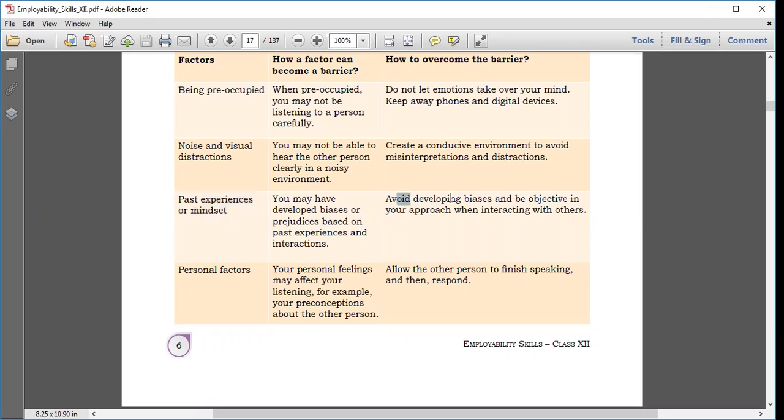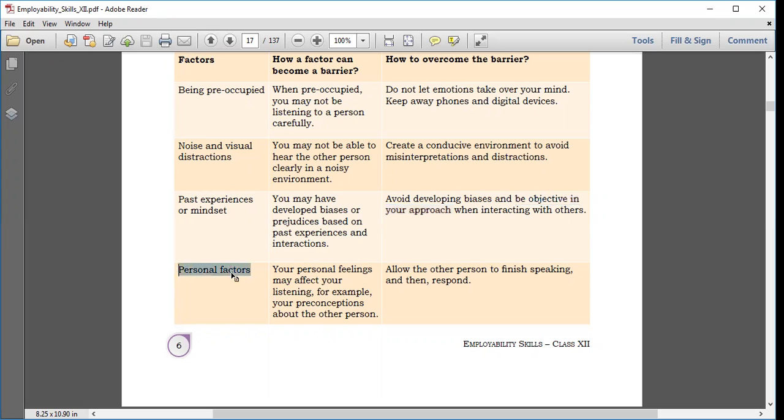Avoid developing biases and be objective in your approach. Being objective means you should be concentrating on the main important point that person is telling you. You should not concentrate on that person itself. Even if your experience with them was not good before, but he or she wants to convey a very important thing, you should concentrate on that important thing, not on that person.